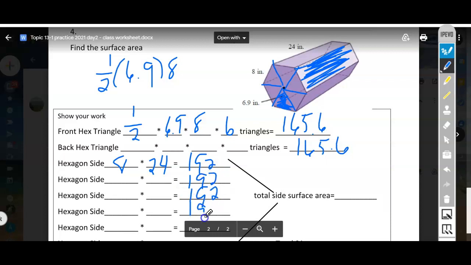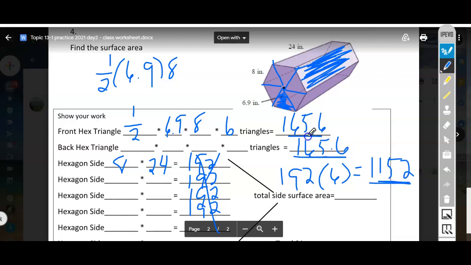So you can write them all down, or you could just go 192 times 6, right? Which is what? 1152. Okay, so now I got to add my hexagons and my rectangles.